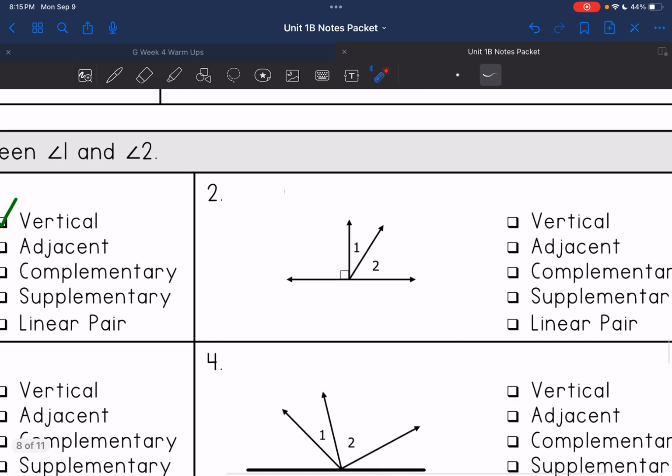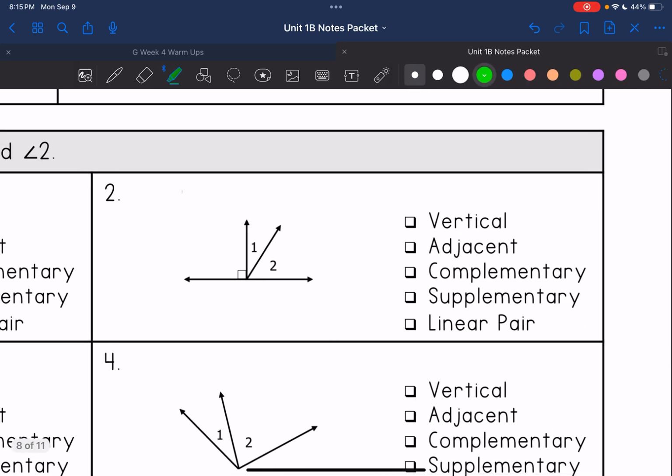Okay, number 2, next to this, we're looking at angle 1 and angle 2. So they're definitely not vertical because then they would have been across. Are they adjacent? Well, yes, they are because they're right next to each other. Adjacent means next to each other. Are they complementary? So complementary is 90 and supplementary is 180. Do we know if they make up any of those measurements?